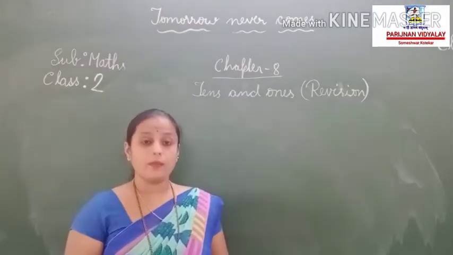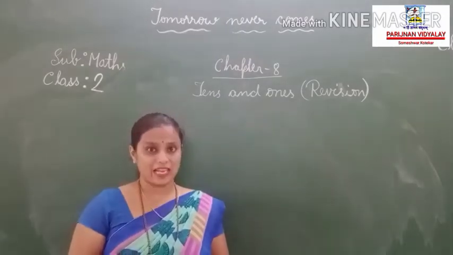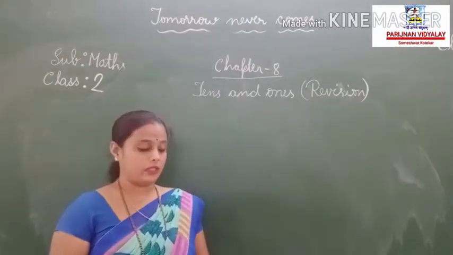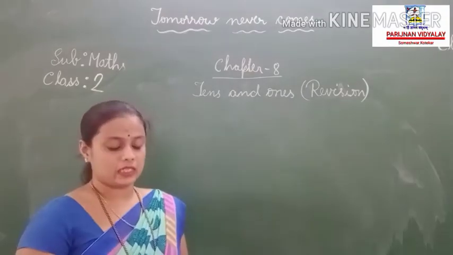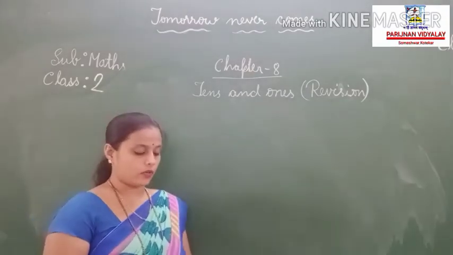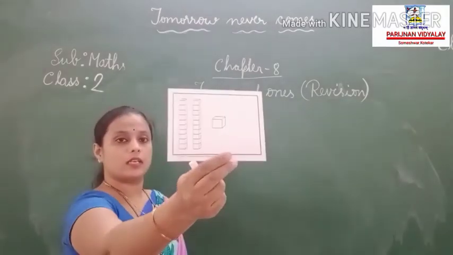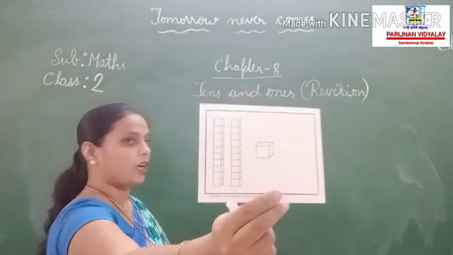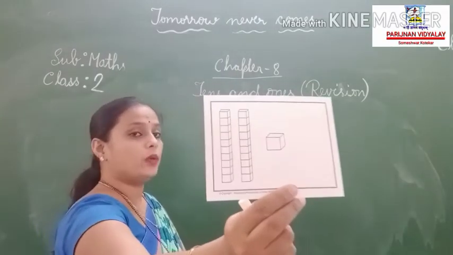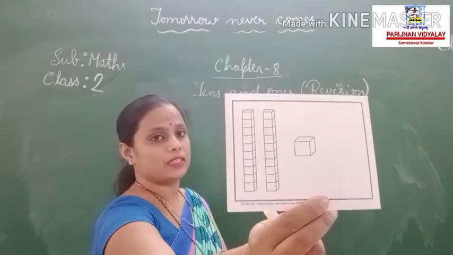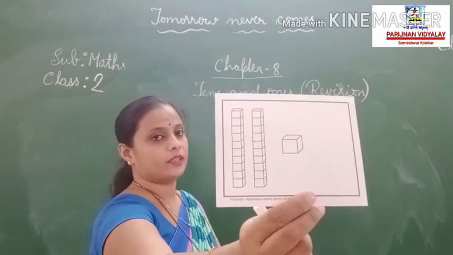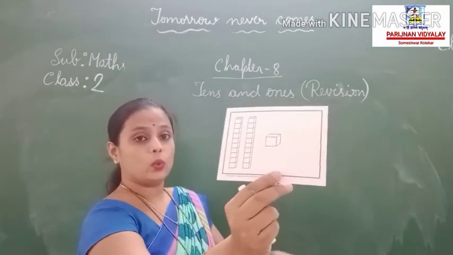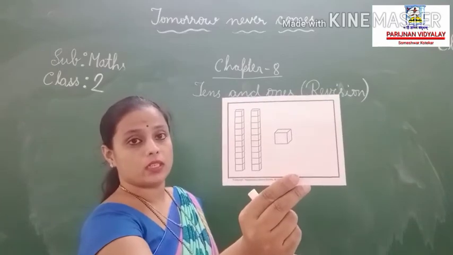Okay, now I am going to show you some flashcards. You have to tell me how many tens and ones are there. Look at this flashcard and tell me how many ones and how many tens are there. Very good. There are two tens and how many ones?